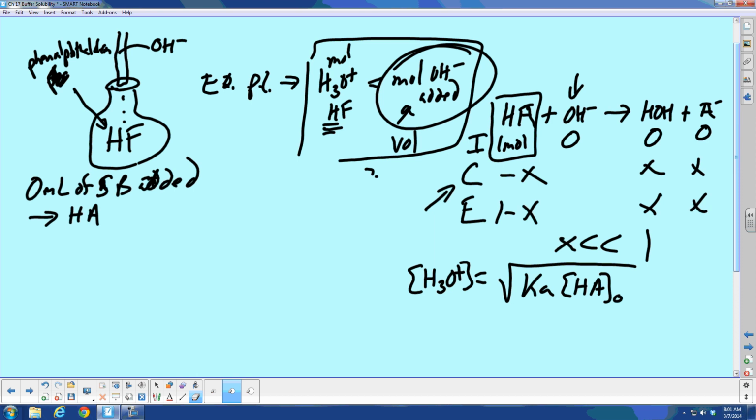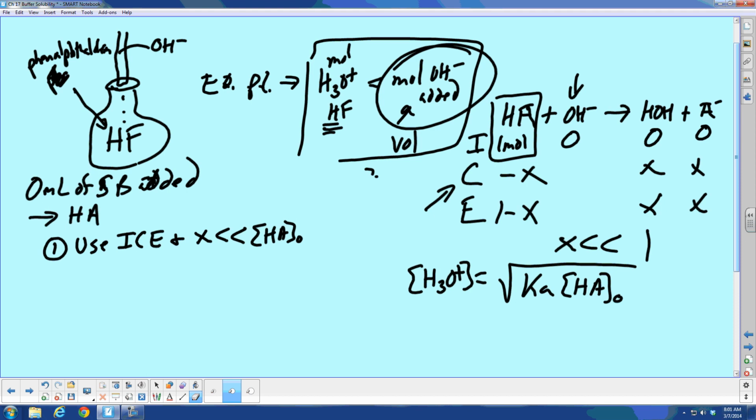So how is it that I calculate my pH? Here are my steps. Number one, we're going to use ICE and assume X is much, much smaller than my initial weak acid concentration.